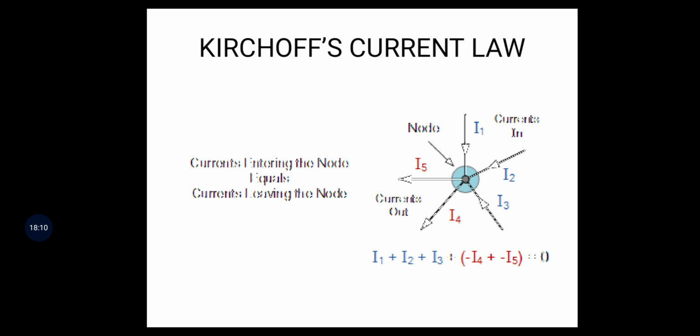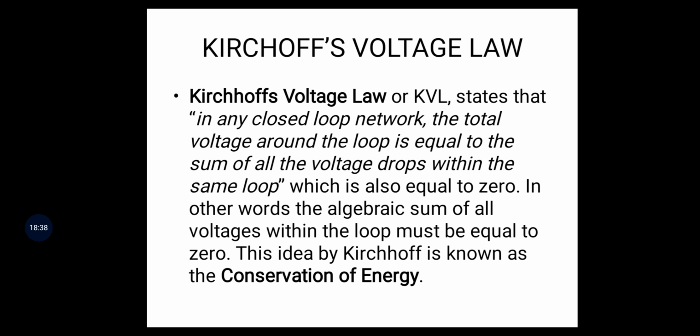So in parallel combination, there is a node. In series combination, there is a loop. So in parallel combination, there is a node, and then we apply Kirchhoff's law at the node. At that point, entering currents equal leaving currents. So this is the basic definition of Kirchhoff's law, and one example we showed in the diagram.